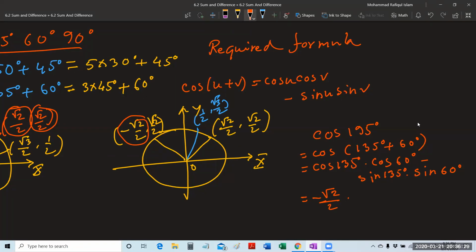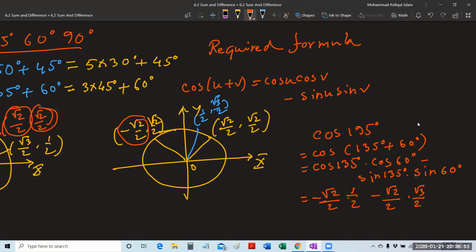The value of cosine 60 degrees is the first value of the ordered pair, 1/2, minus sine 135, root 2 over 2, times sine 60 degrees, root 3 over 2.